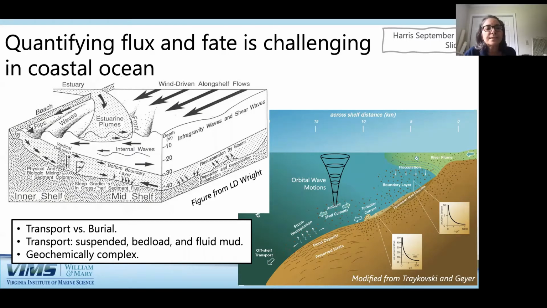So once it starts to settle out of the estuarine plume, we can build up bottom boundary layers that might have a lot of sediment in them when the flow is energetic enough to resuspend sediment. So the transport of a lot of sediment is going to be dominated by what's going on near the bed, because that's where our bottom boundary layer flows are going to be energetic enough to resuspend material.